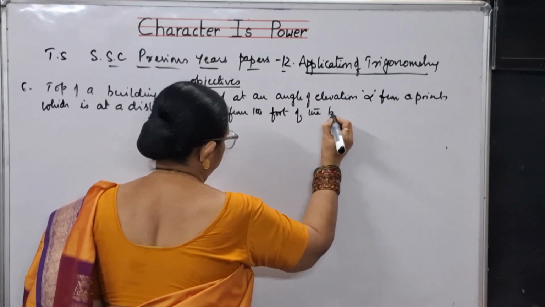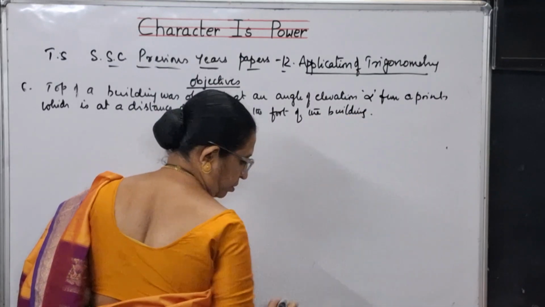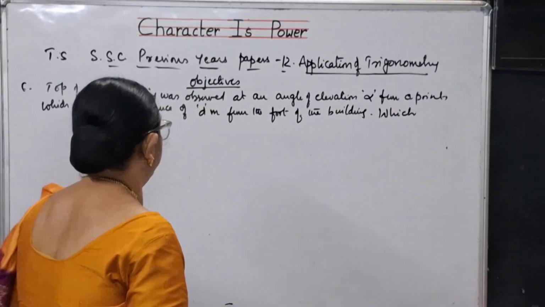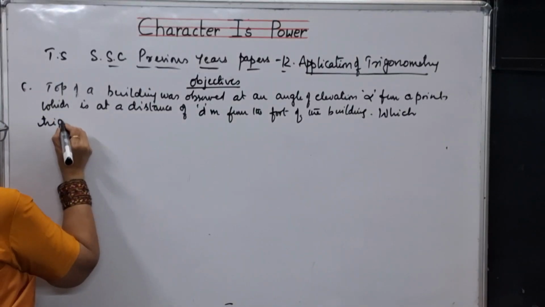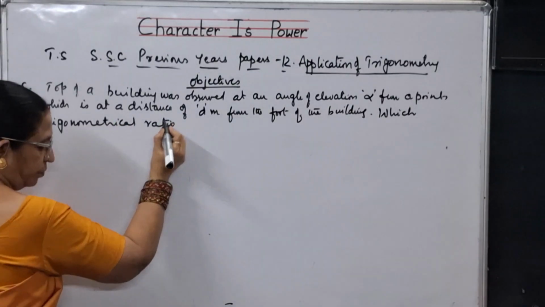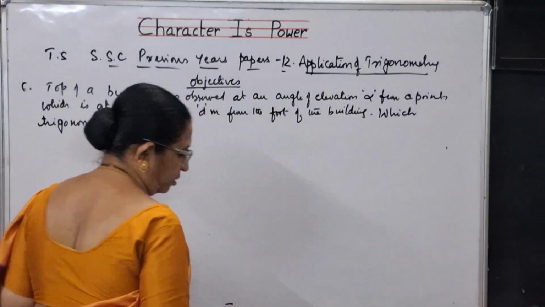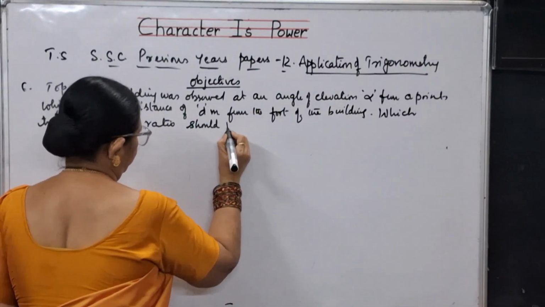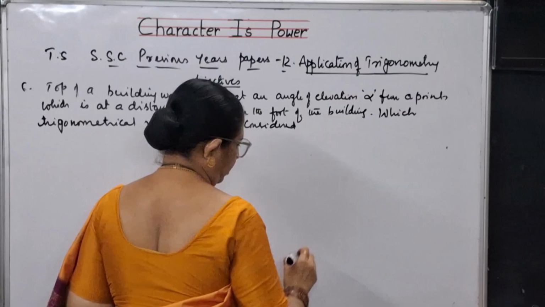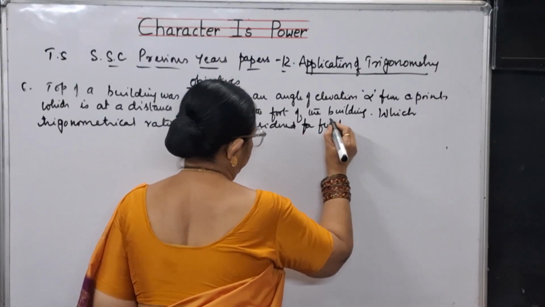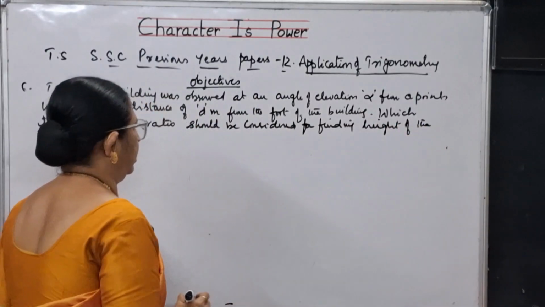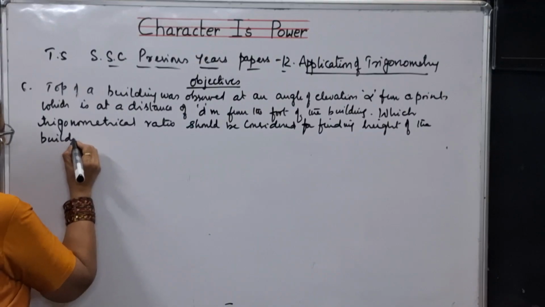Which trigonometrical ratio should be considered for finding the height of the building?